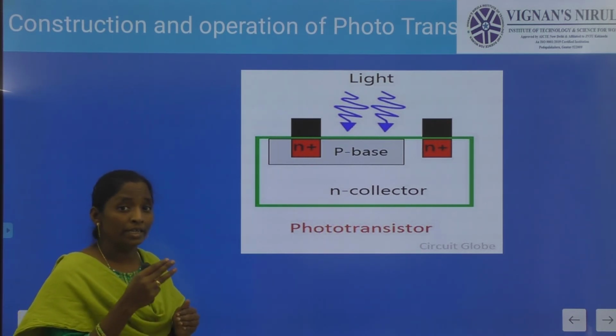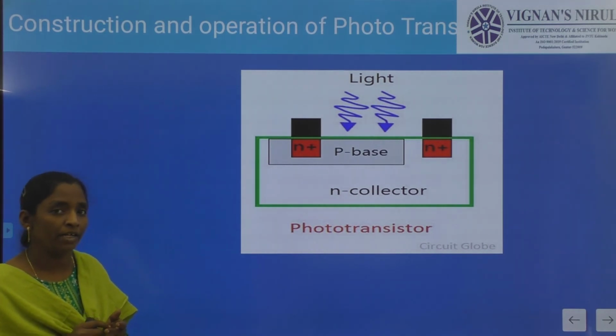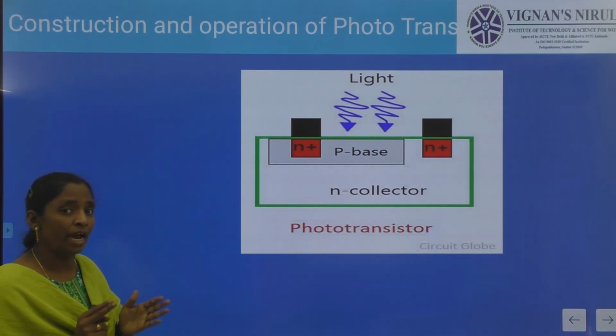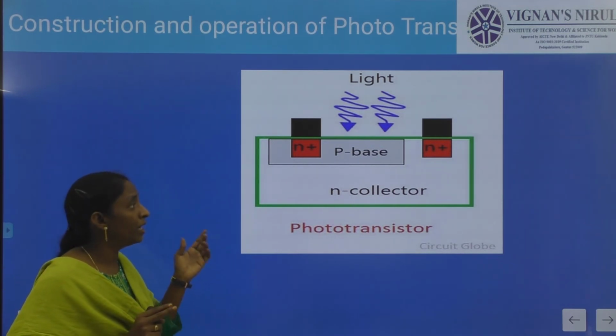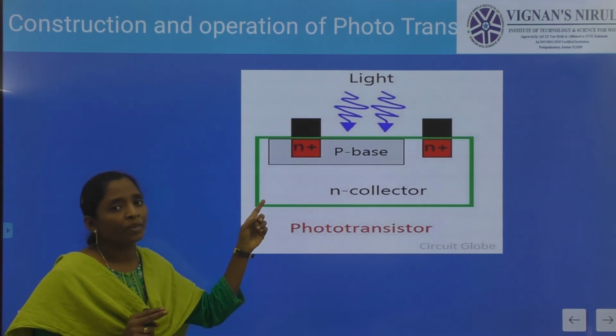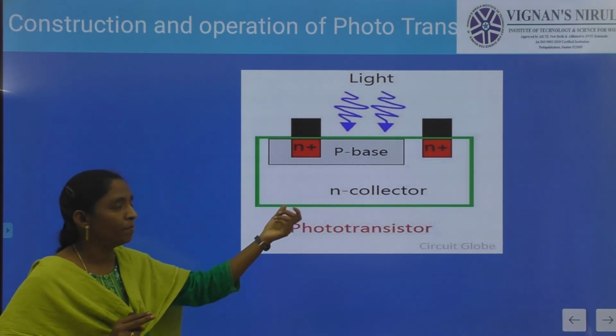We know a transistor has three terminals: emitter, base, and collector. Am I correct? So we are taking emitter and collector as the N+ regions and base as the P region.